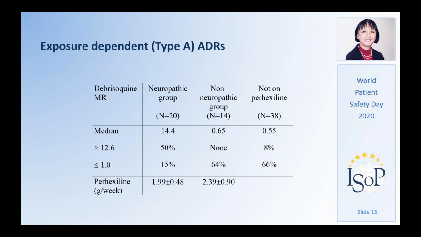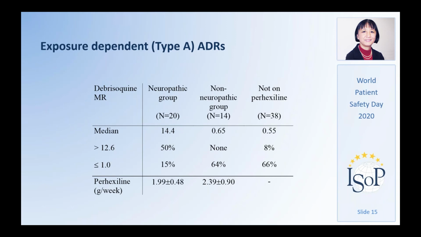This study was done in 3 groups of subjects. One is patients on the drug with neuropathic adverse drug reactions. The second group is patients on the drug without adverse drug reactions. And the third group is the general population not on the drug.